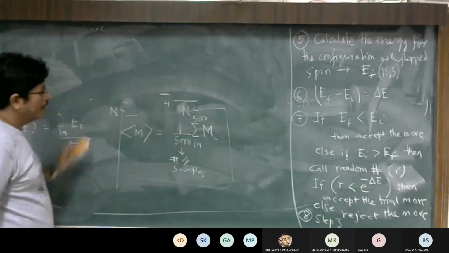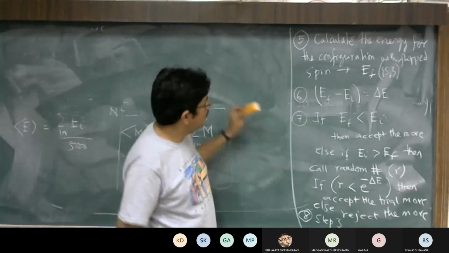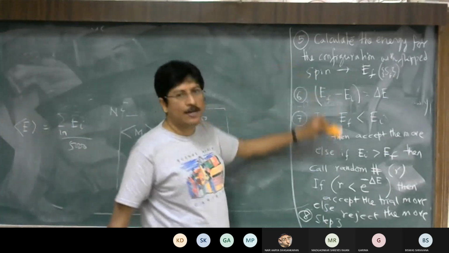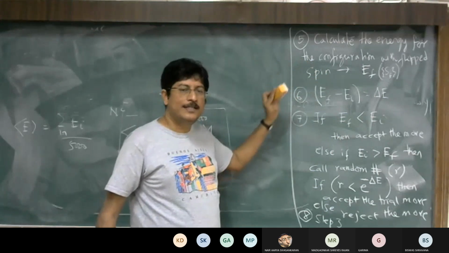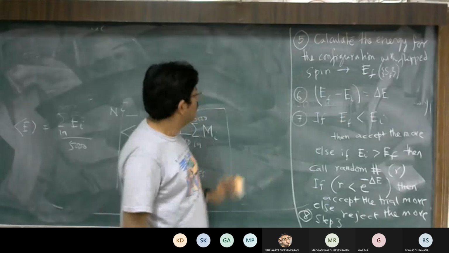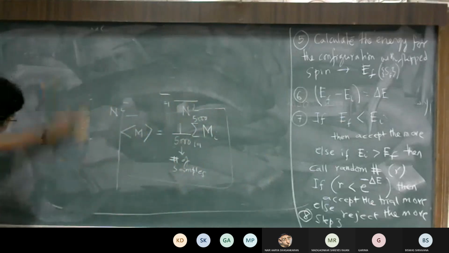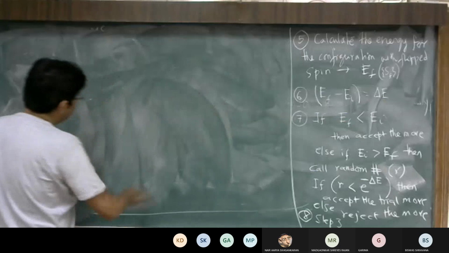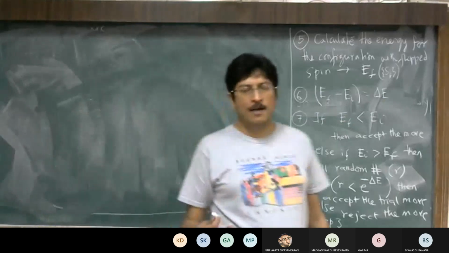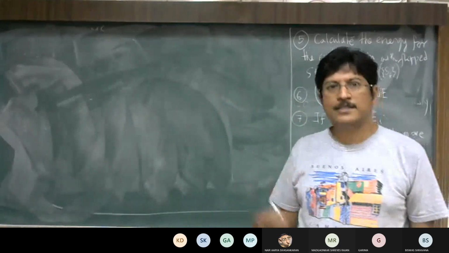But before I go into that, at least the procedure, how you have to actually drive the algorithm, what are the different steps of the algorithm, I hope it is clear how to go about it. One more thing which I should mention: I just showed you one rough way of estimating whether the system has reached equilibrium.